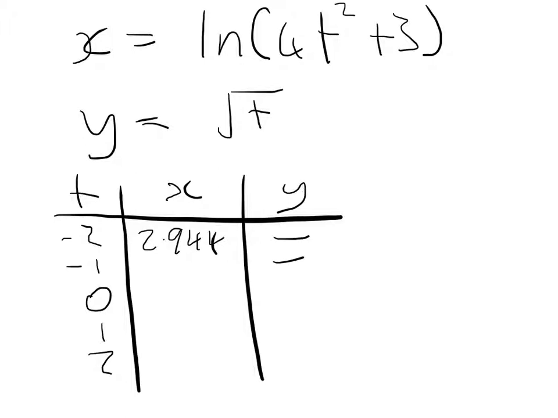So we actually don't need to worry about the negative ones. For 0, we're going to have log of 3, which is 1.099. And when t is 0, y is the square root of 0, which is 0. When t is 1, y is going to be 1, and x is going to be 1.414.